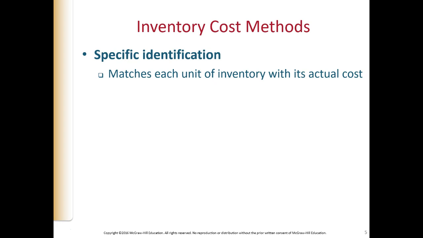For example, let's say you had a car dealership, and as you try to sell a car and deal with the customer, you know exactly how much that car cost your company. You know the model, you know the options on it, so you know how much it cost you. And then you bargain for the best price you can get. Once it's sold, you will record that car's cost into the cost of goods sold amount, and you'll take it out of the inventory account.